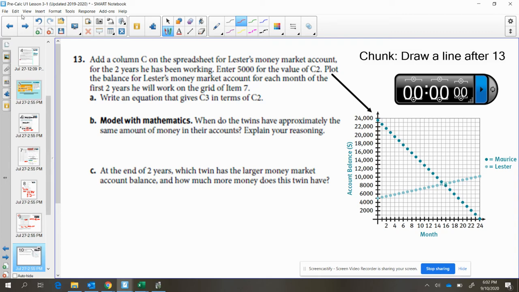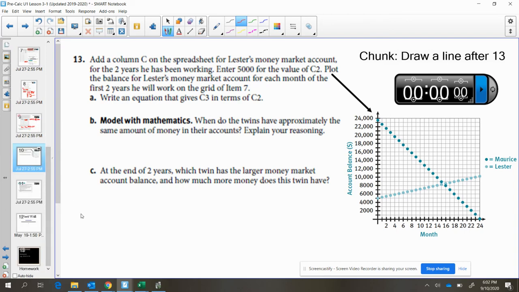Okay, so essentially what this shows is that the recursive formula does have its place, right? We do need to sometimes have the value of the month or the previous term in order to move on. And this is a good example of that.